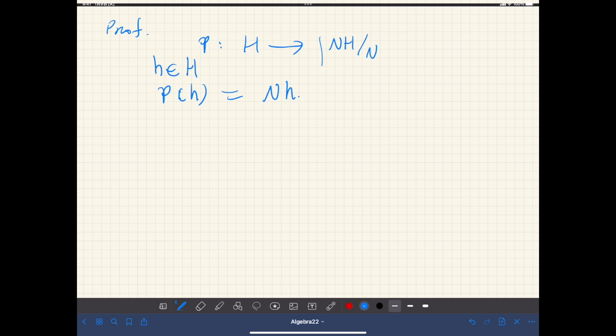Okay, so every element of this set is a coset like this. So clearly this mapping p is a surjection, because every element of this set has this form. So for each of these we have an h in this set, capital H. So this is a surjection.